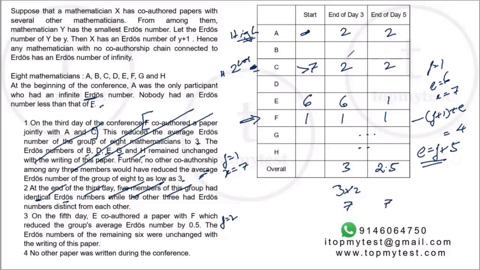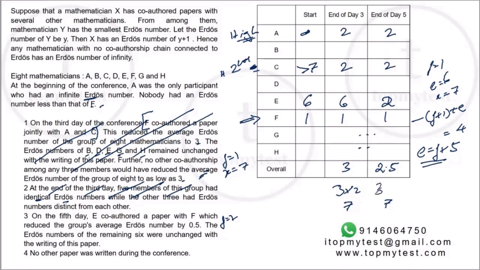Now, except for E, nobody's number changes. E should actually become 2 now. Right? Except for E, nobody's Erdos number changes. So all these 3 plus 2, 5 people will already have 2.